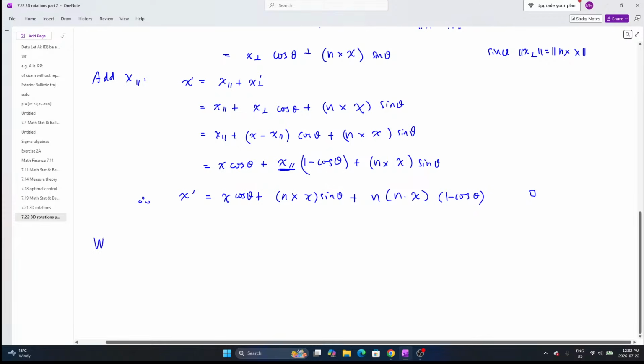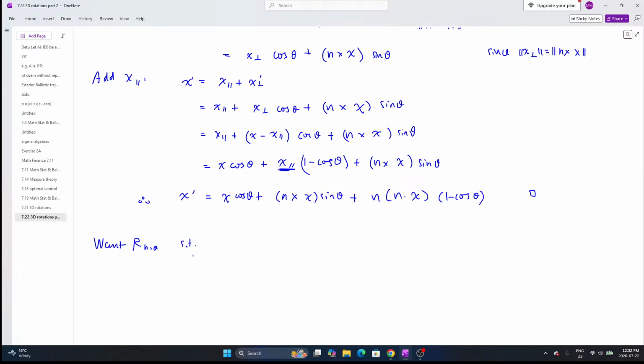So we still want the rotation matrix R of n and theta, such that x prime equals R(n, theta) times x. So this is what we want. Here we need to basically convert this into matrix form.